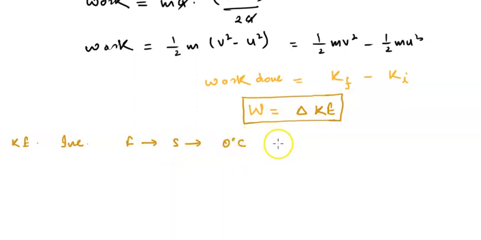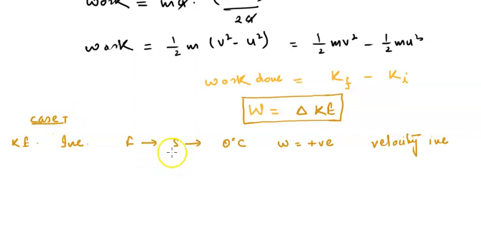So the work done will be positive. Whenever we are doing positive work, KE will increase, and if the KE increases, that means the velocity will also increase. This is the first case you must remember.